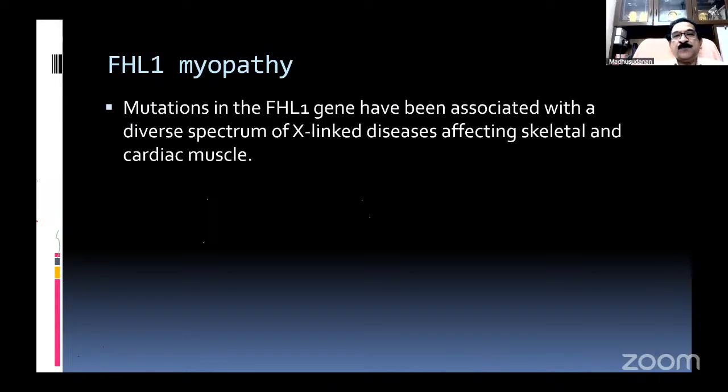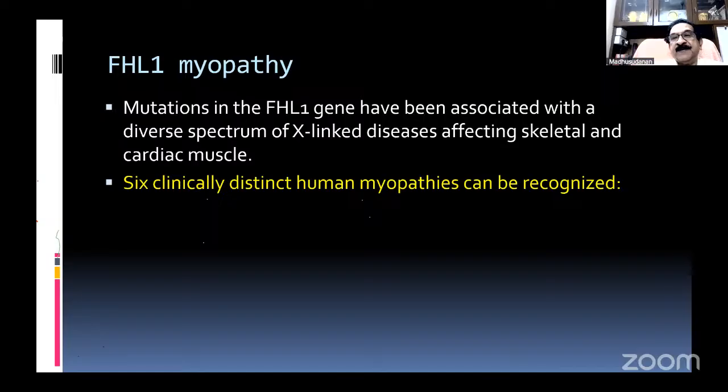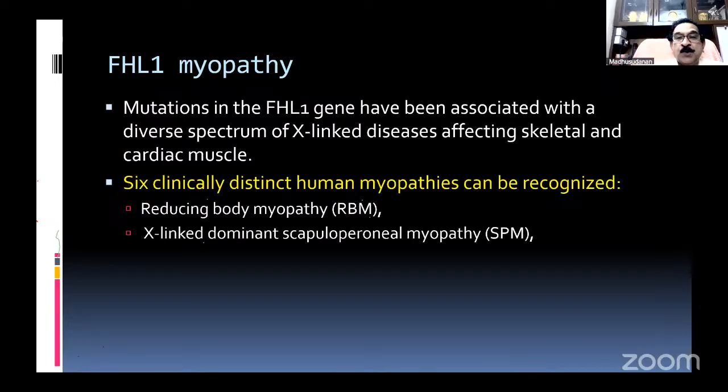Mutations of the FHL1 gene have been associated with a diverse spectrum of X-linked disease affecting skeletal and cardiac muscle. Six clinically distinct human myopathies can be recognized. One, reducing body myopathy. X-linked dominant scapuloperoneal myopathy. Our patient fits with a scapuloperoneal distribution. Scapular muscle is affected, mainly peroneal is affected.